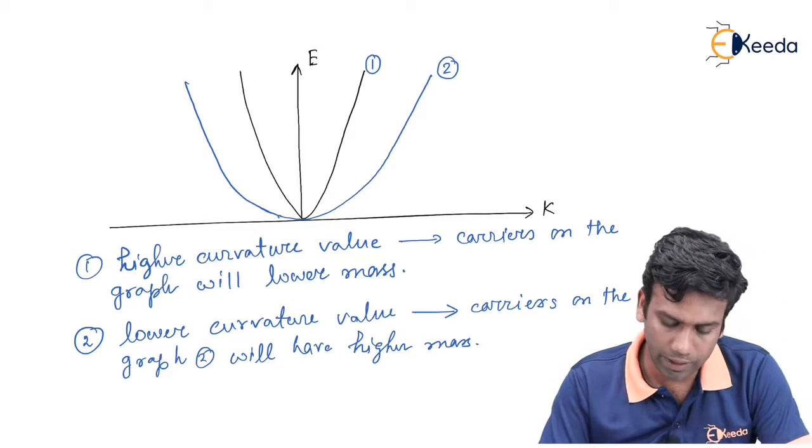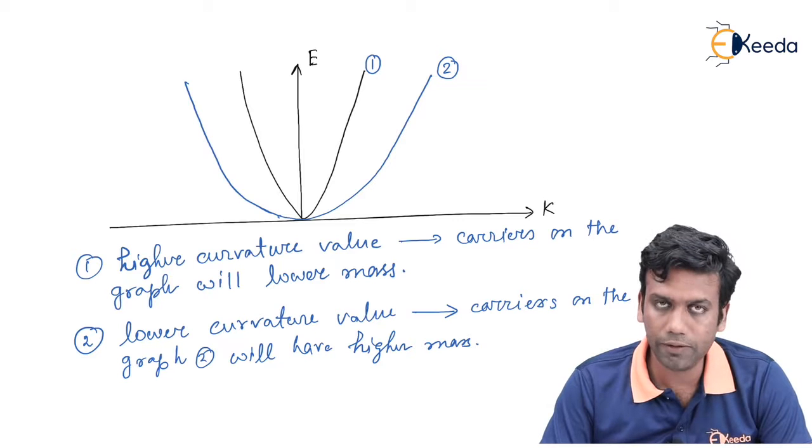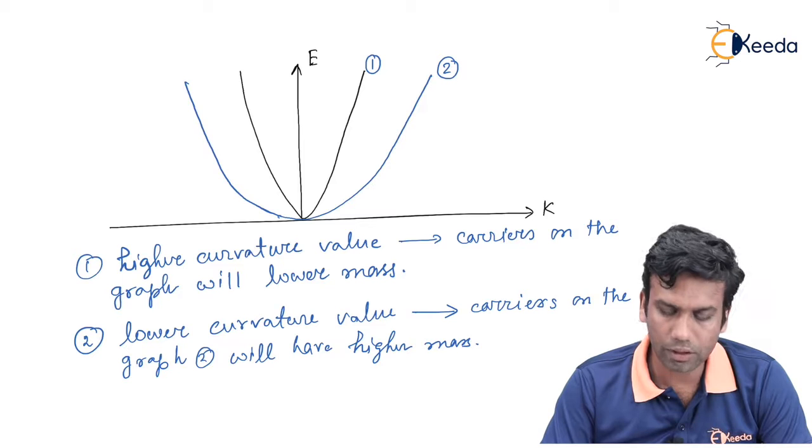So in this way, the curvature of the E-k diagram defines the different masses of the charge carriers. So this is all about the E-k diagram. Thank you.